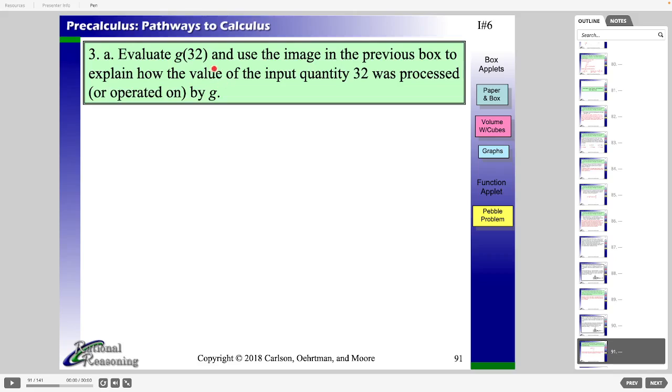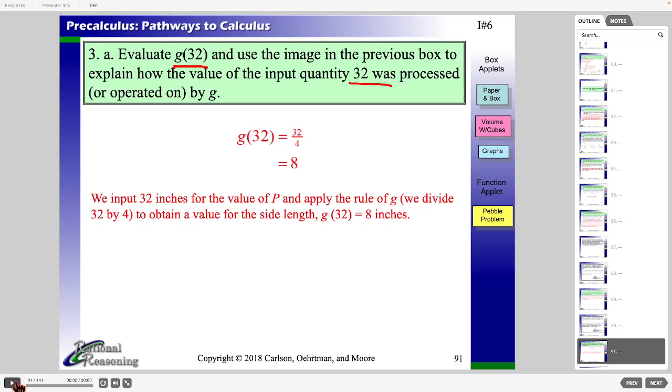So if I evaluate g of 32, now remember that's the one where I'm dividing by 4. What is the process? I take it and divide by 4, so then I'm getting the side length is 8. Okay, so g is the function. The inverse function could have just as easily listed this as, let's find the inverse of 32.